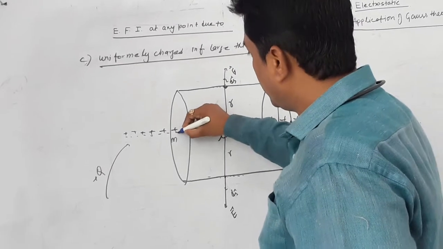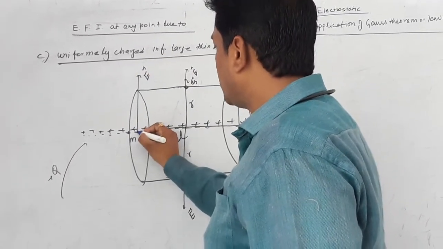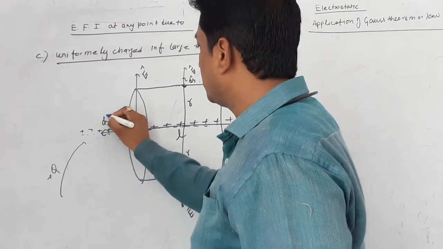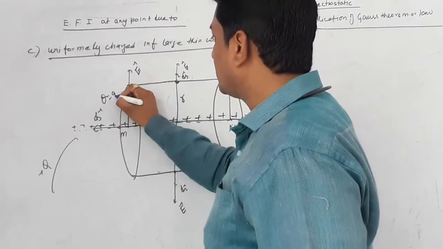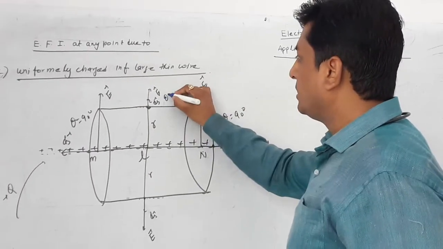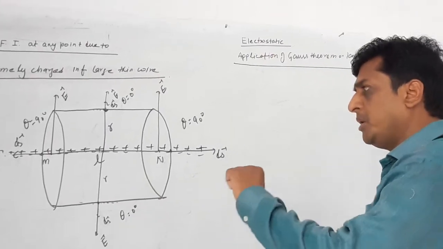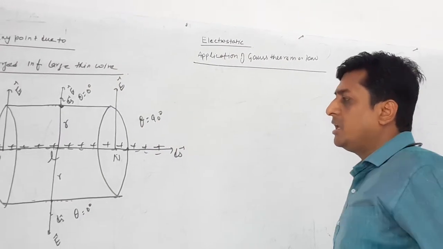That means here the angle is 90 degrees, 90 degrees, 0 degrees, 0 degrees. Angle means between intensity and area vector.